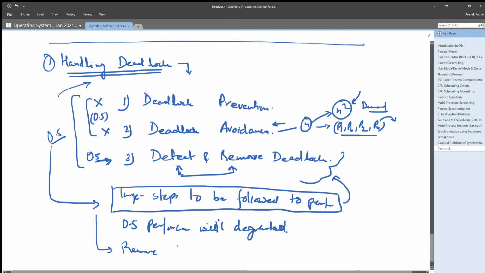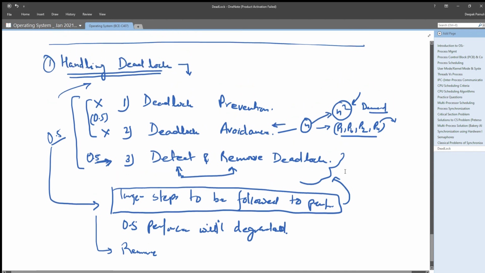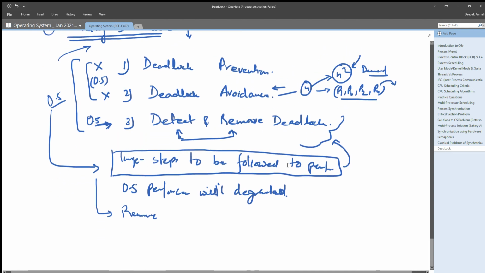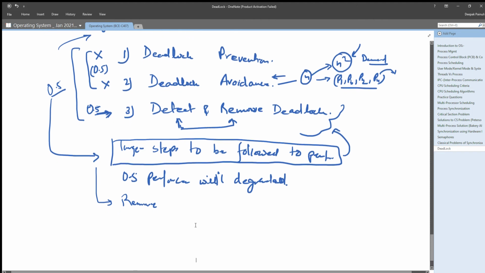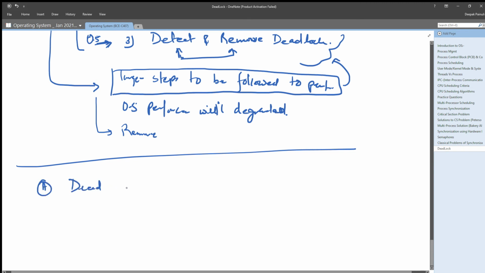But we have to understand these, so we are studying these topics. Let us discuss them one after another. Let us discuss first deadlock prevention, right?